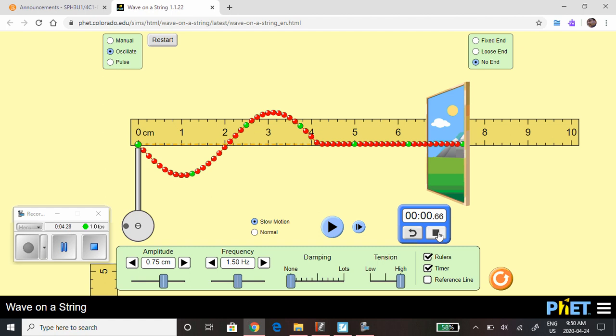And here's the time that went by, 0.66 seconds, all right? But that's not just any time. That's the time it took for the vibration to go through 1 amplitude, 2 amplitudes, 3 amplitudes, 4. That's a complete cycle of one wave.